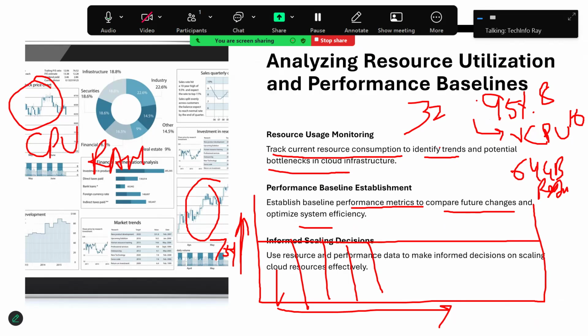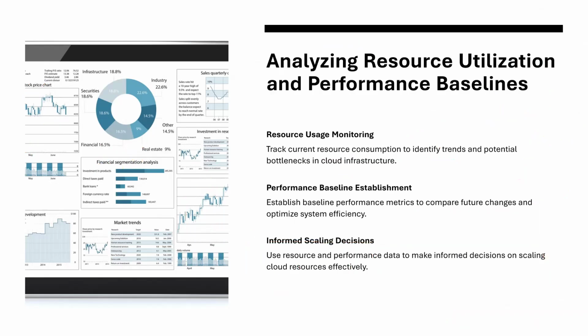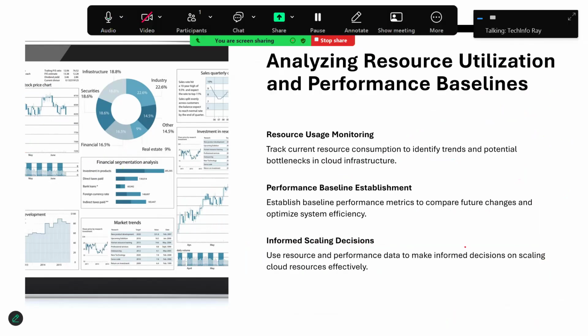So in the target reference design, target architecture, I'm going to have the same kind of baseline in the architecture, or maybe at improved levels also. Apart from this, you can make scaling design decisions based on understanding the application resources and performance data. This will really help you to understand scaling the cloud resources effectively.